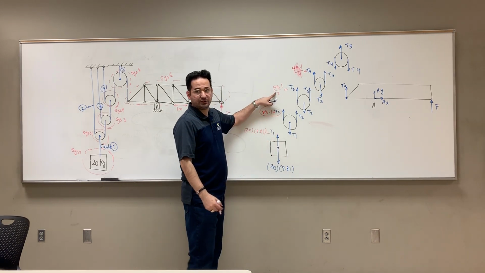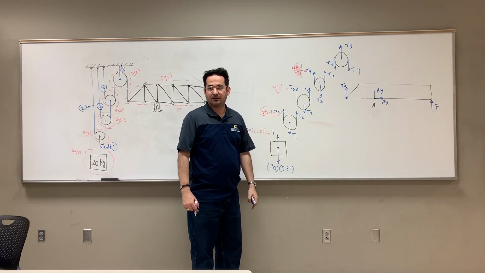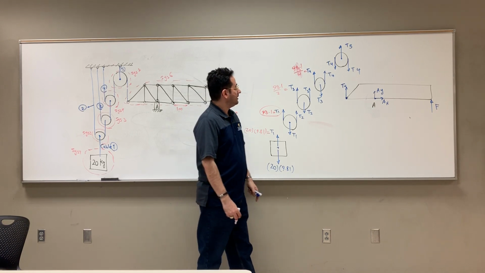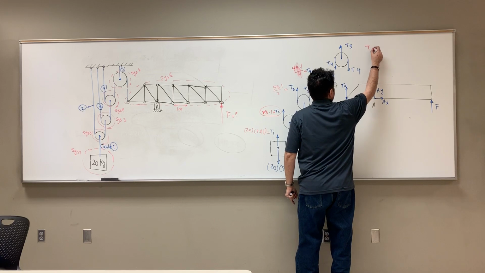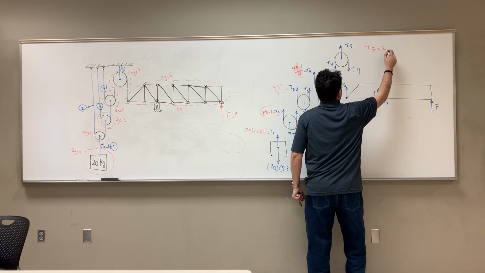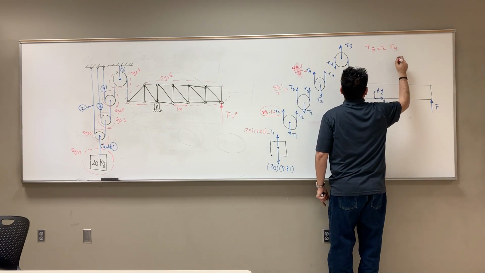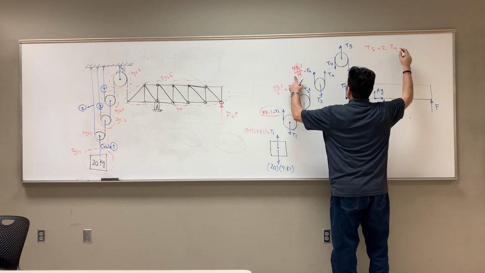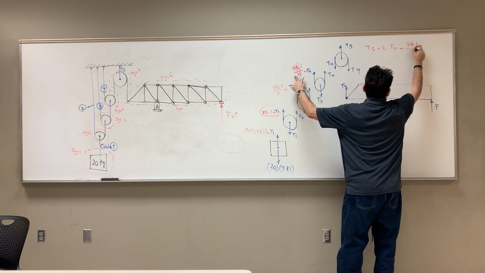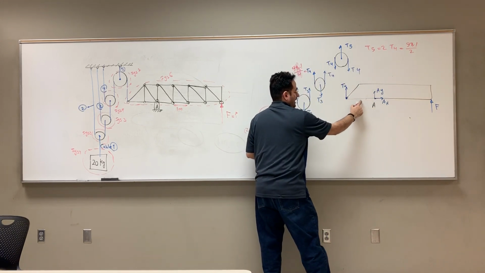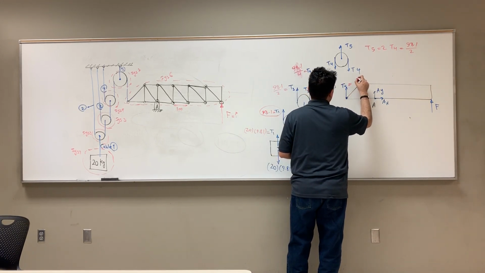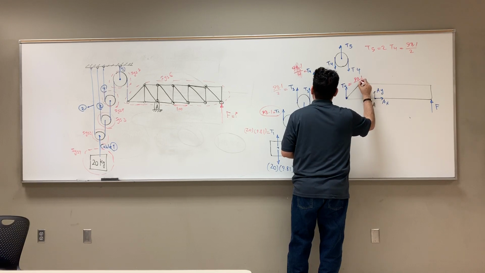Because this is already divided by 2, divided by 2 again, divided by 4. So I have this guy, so I can immediately get my T5. T5 is equal to 2 T4, which is equal to 98.1 divided by 2. Now let's go to this guy, the last system. T4 is equal to 98.1 divided by 4.